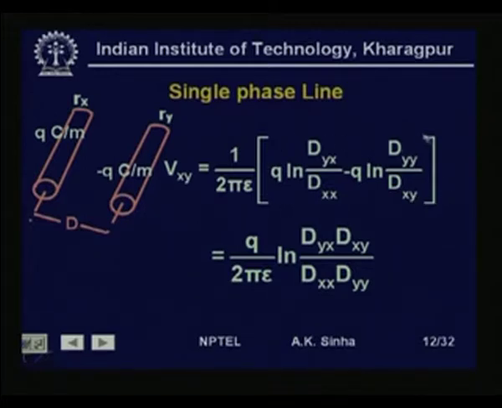So, this can be reduced to q by 2 pi epsilon ln dyx into dxy divided by dxx into dyy. That is, this minus is converted to plus by reversing dxy and dyy, that is, taking the inverse of this.